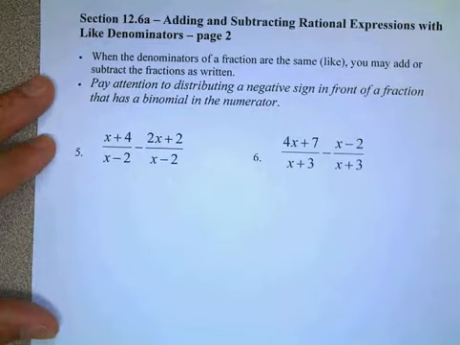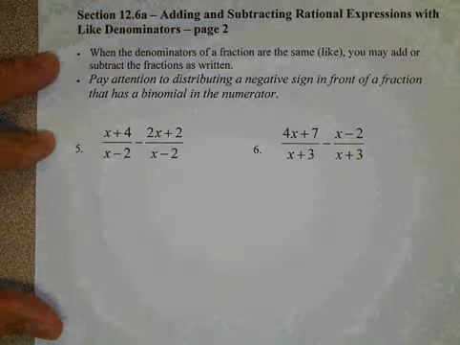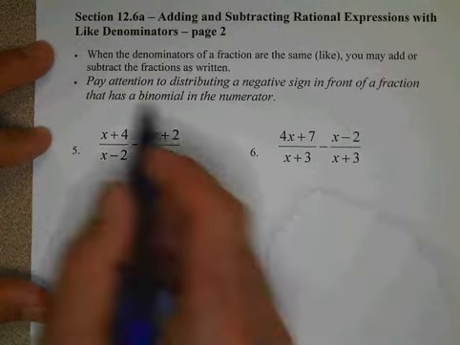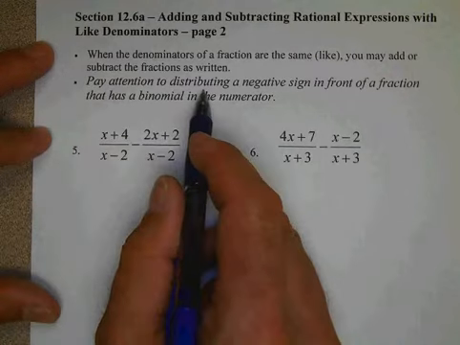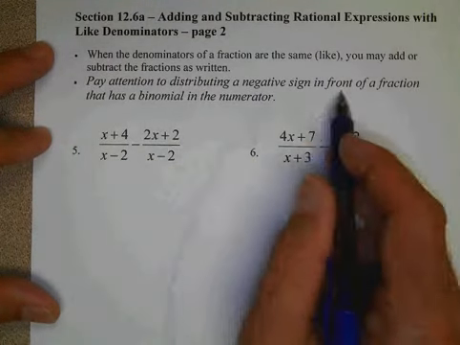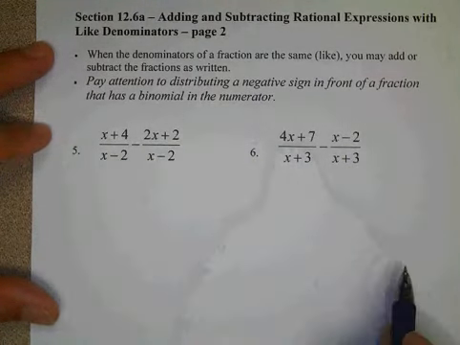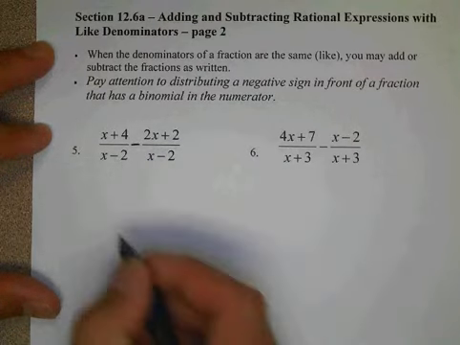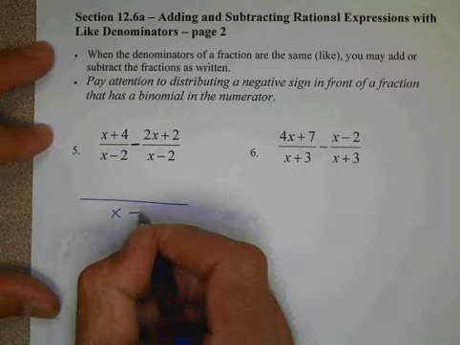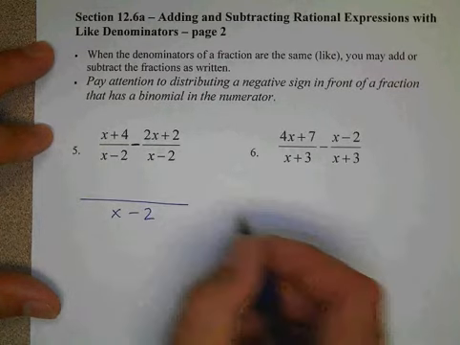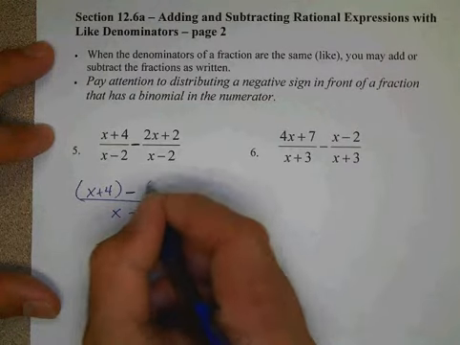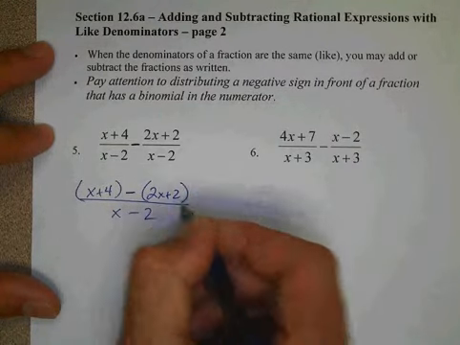As we continue to look, we're going to look at the second part, which has a couple different illustrations and a couple different scenarios. My note up here in italics says, pay attention to distributing a negative sign in front of the fraction as a binomial in the numerator. What does that mean? If we have this minus sign here, as we're working it out, realizing it's all x over x minus 2, we've got x plus 4 in parentheses minus a 2x plus 2 in parentheses.